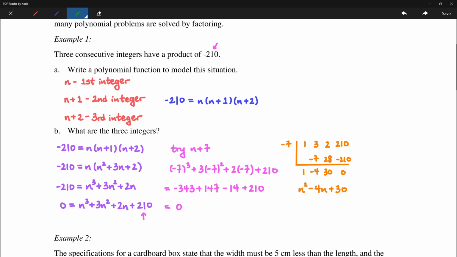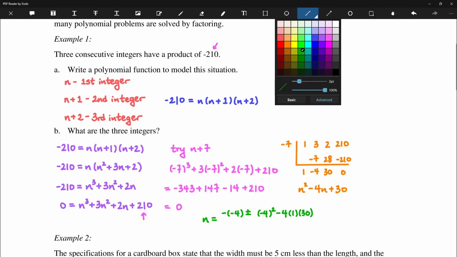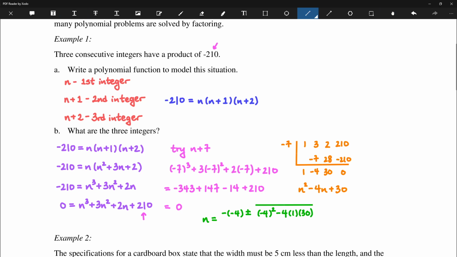So we have n is equal to negative b, so negative negative 4, plus or minus the square root of negative 4 squared minus 4 times a, which is 1, times c, which is 30, and all over 2a.